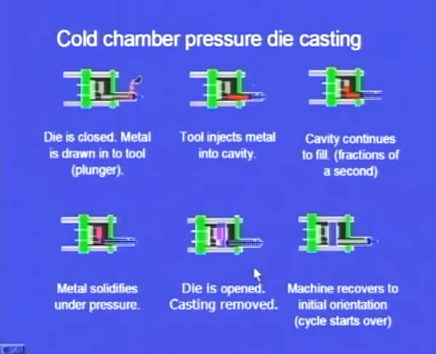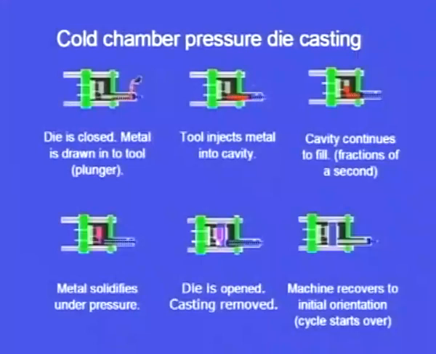There will be some cooling system, so after the molten metal is injected into the cavity of the dies, the system will be cooled, and after the solidification is over, we withdraw the casting and this cycle will be repeated. Again the dies will be opened, the dies will be closed, and again we pour the molten metal and inject it, and it will be solidified and the solidified casting will be taken out.